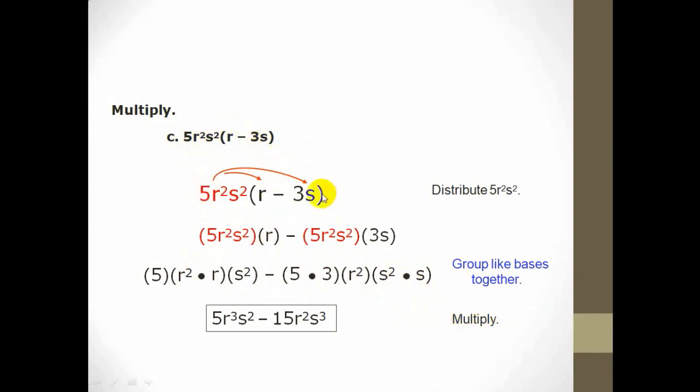In all these examples I would like to tell you how to multiply a monomial with a polynomial. First of all, distribute the monomial over each term of the polynomial, then group like bases together and then multiply. So the result of this multiplication is 5r cube s square minus 15r square s cube.